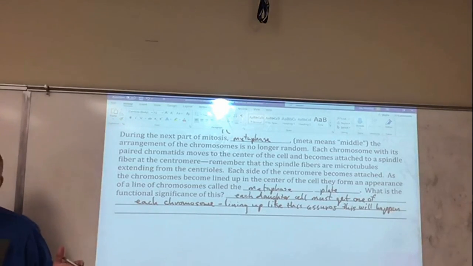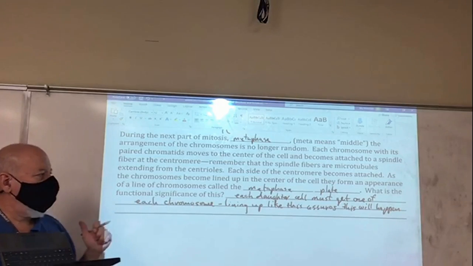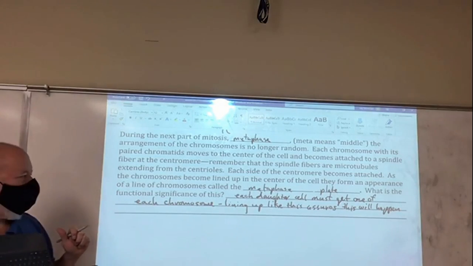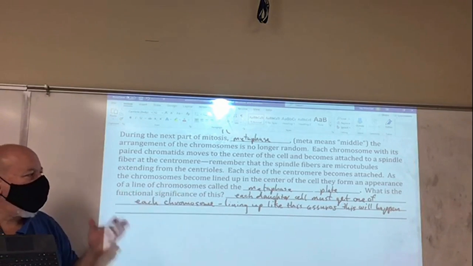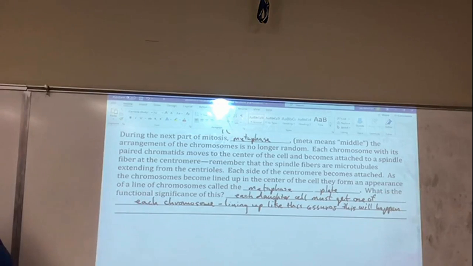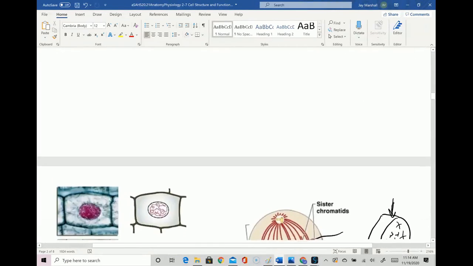I can't screw this up, right? It won't let me screw this up. The significance of this is I will always get one chromosome of each pair into one daughter cell. Okay? That's what lining up at the Metaphase plate assures is going to happen.